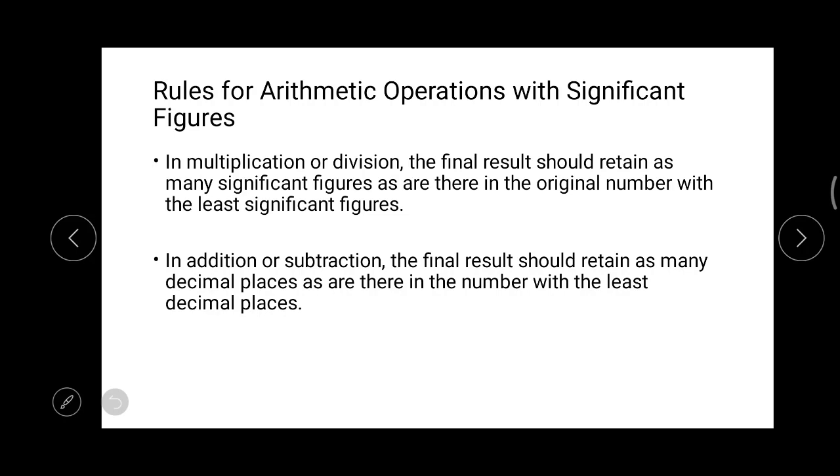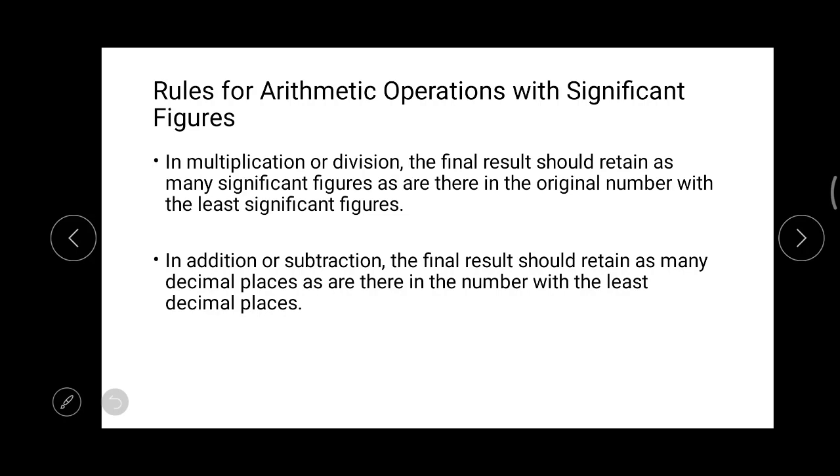You have to focus on the quantity with which you are multiplying or dividing that has the least number of significant figures. With an example, you can easily understand that.